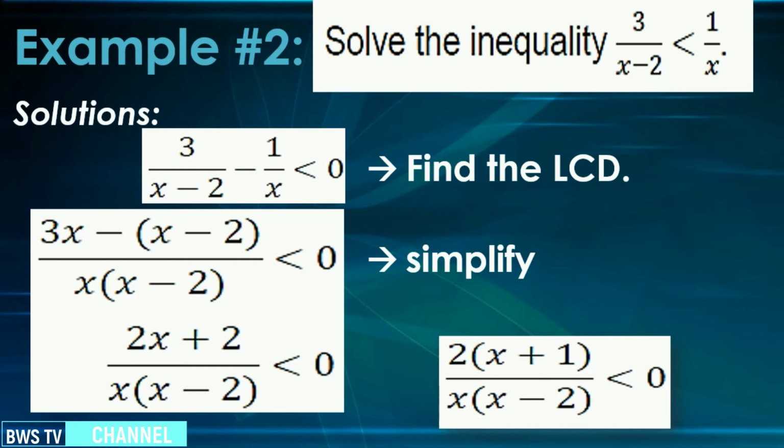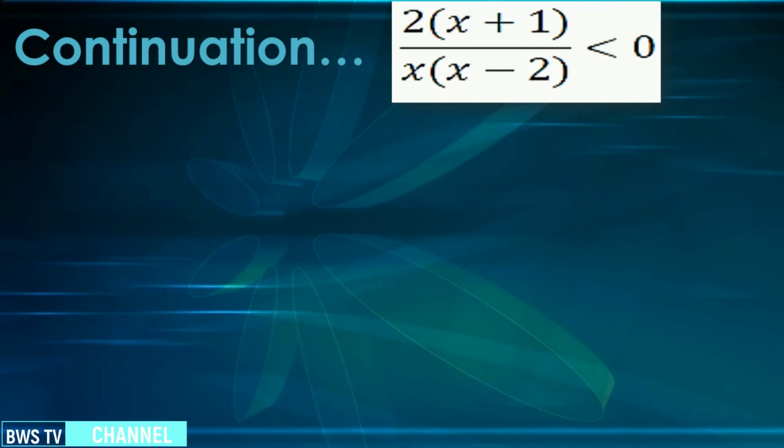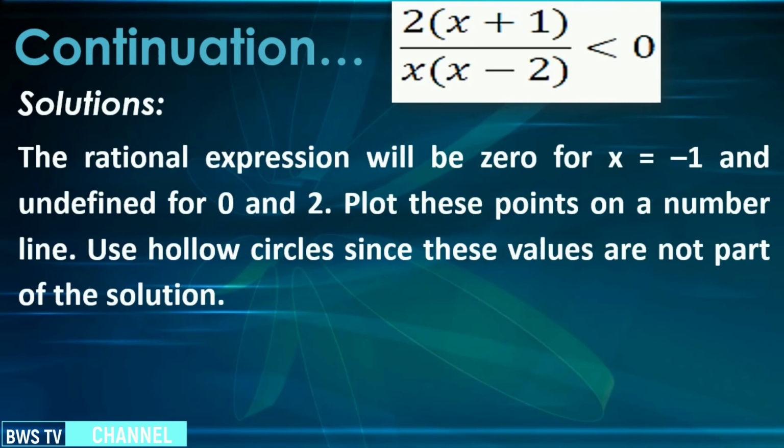So what are those values? Since we have already simplified, our inequality now is 2 times the quantity (x plus 1) over x times the quantity (x minus 2) less than 0. Here the rational expression will be 0 at x equal to negative 1, and undefined at x equal to 0 and 2.